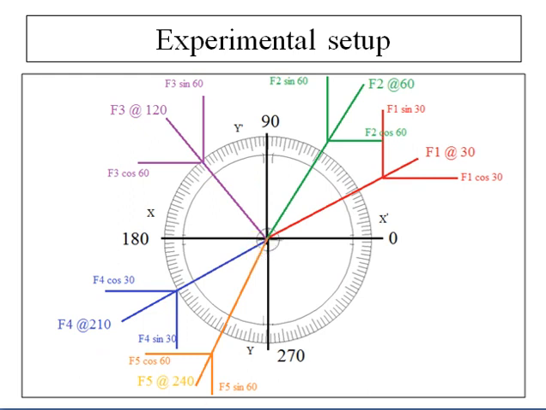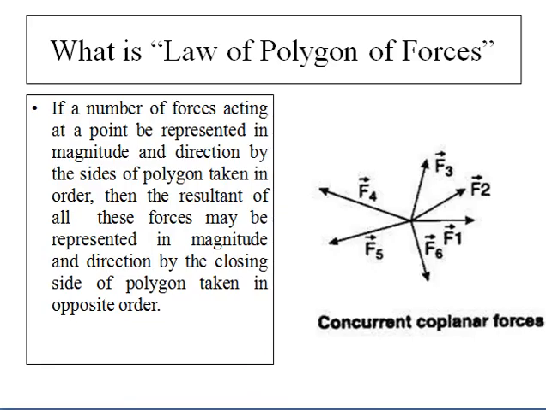Now I would like to take you to the definition of the law of polygon of forces once again to understand this graphical representation. See this. If a number of forces acting at a point be represented in magnitude and direction, so now we know the magnitude of all the forces for our experiment.